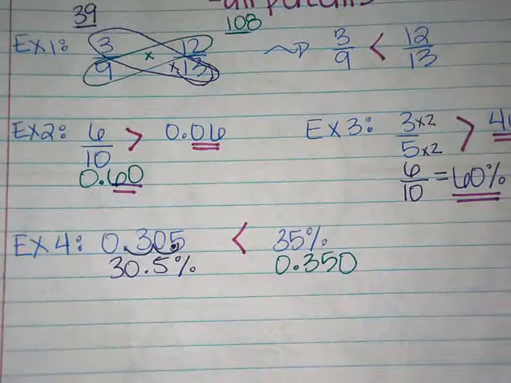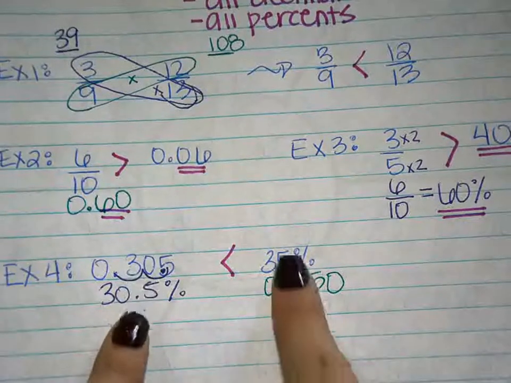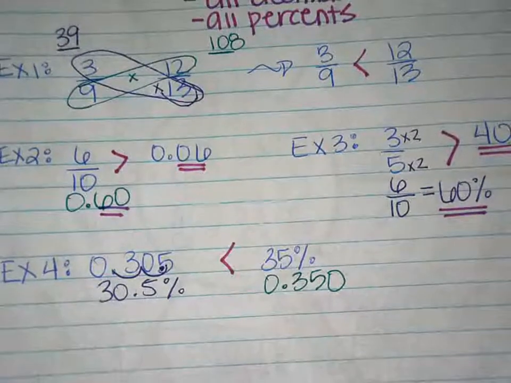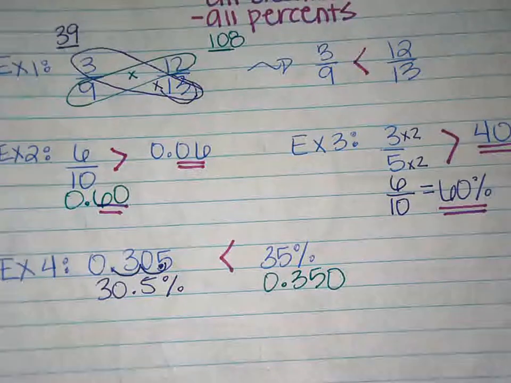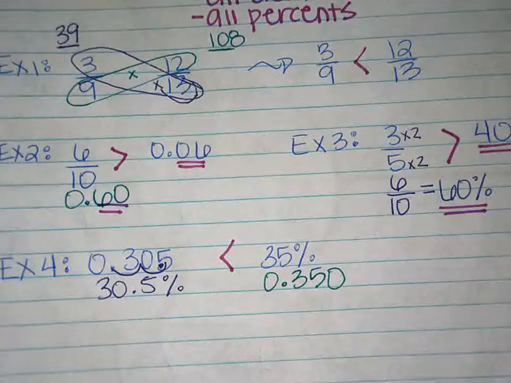I was thinking the bottom. Okay, never mind. Yeah, you gotta compare like these two, the two decimals, and the two percentages. You can't compare a percent and a decimal. I'm just showing you that I don't care which one you go to. You can go to either one, but only do one. Don't do both, because that'll confuse you. Okay, that's what I did. Yep, don't do both, because that'll confuse you. Okay.